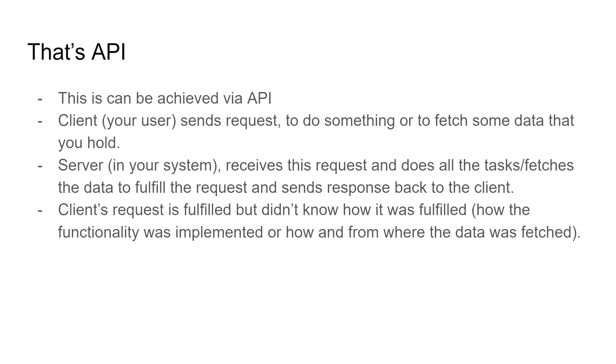So in our train booking example, a third-party software like ixigo would send a request to IRCTC to book a train or to fetch the train details. IRCTC would do all those tasks and send the response back to the client, which would be ixigo in our case.